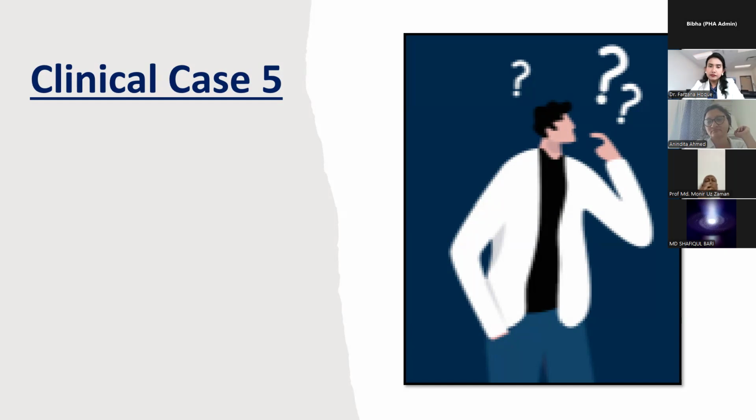So if we consider the cause of dyspnea here, there are some differentials: heart failure, lung mets maybe, pleural effusion, which can be caused by both heart failure and lymphoma, and pericardial effusion.